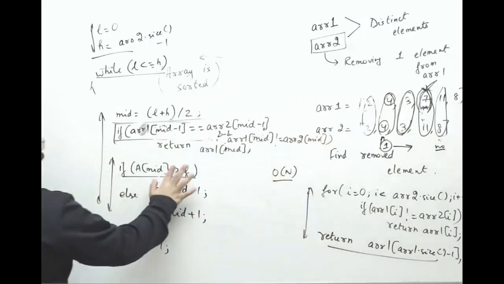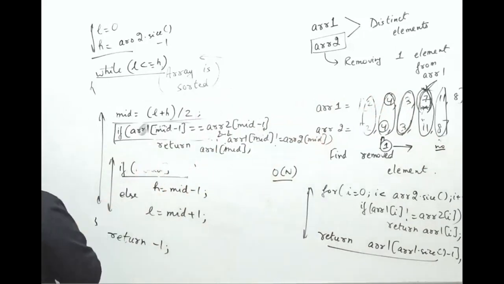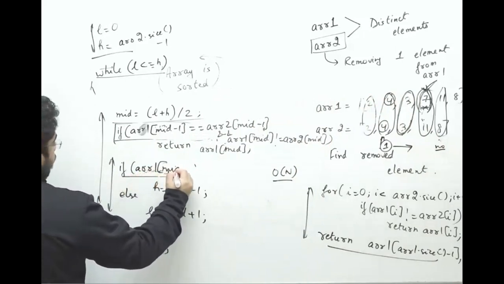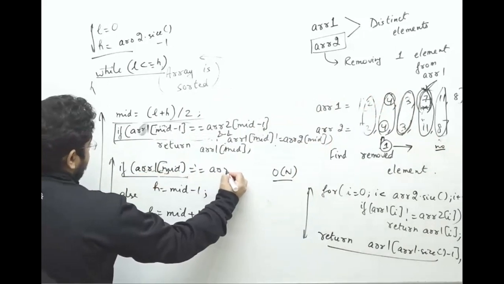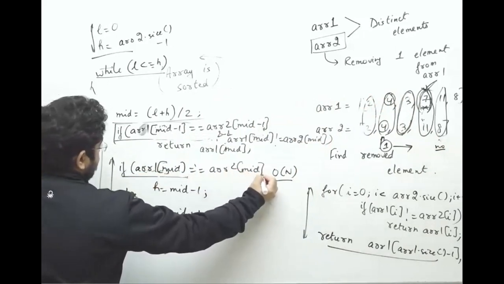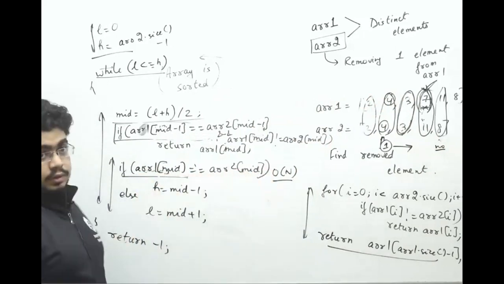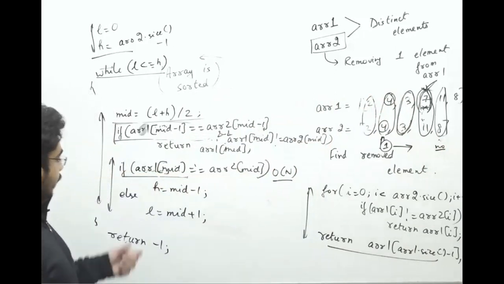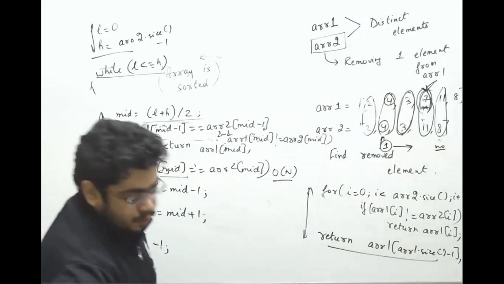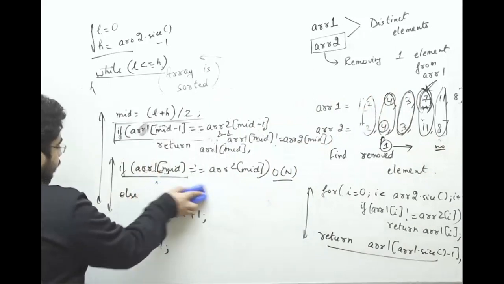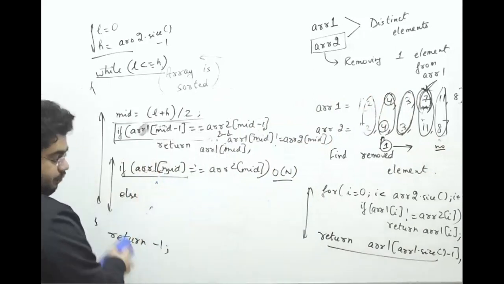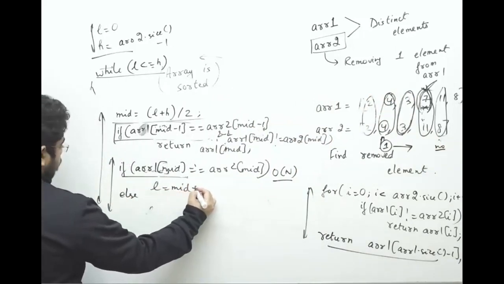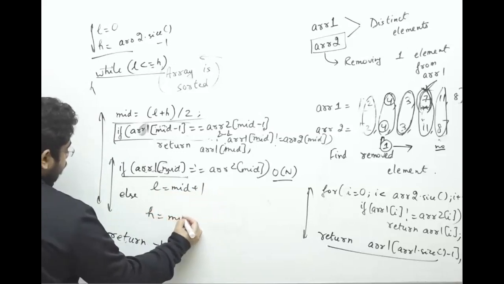So if array 1 of mid is equal to array 2 of mid, that means they are equal. I want to search on the right side. So I will do L equal to mid plus 1. Otherwise, h equal to mid minus 1.